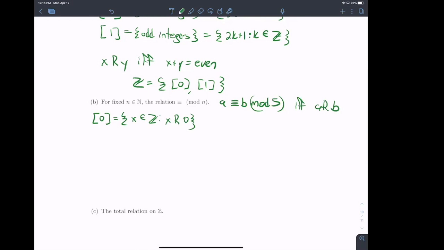By definition, that would be the set of all integers related to 0 by this relation. So it's going to be all of the integers x such that x is congruent to 0 mod 5.